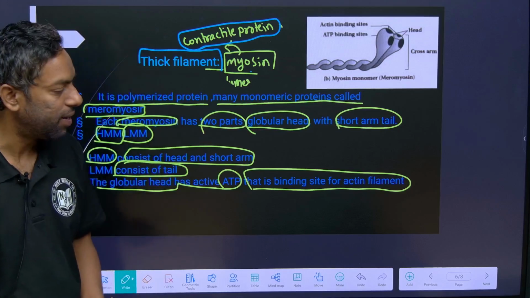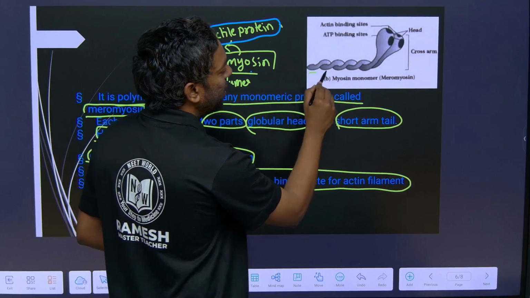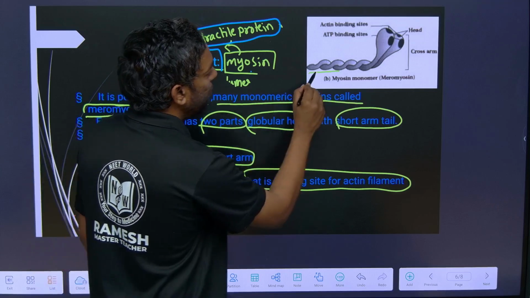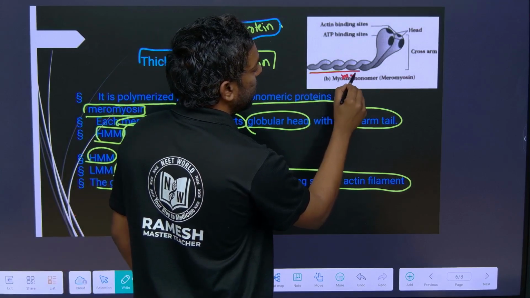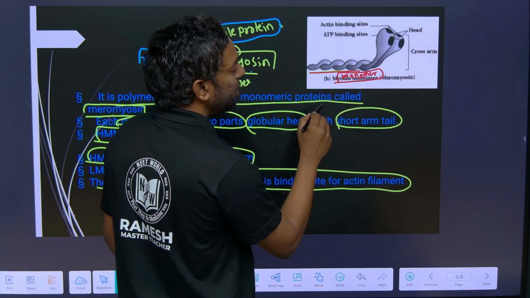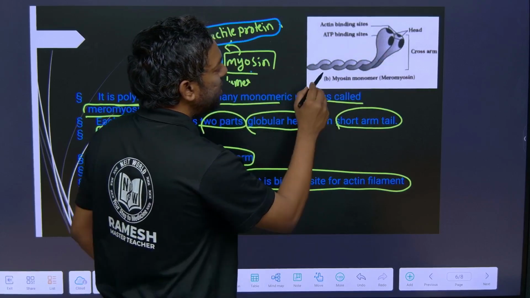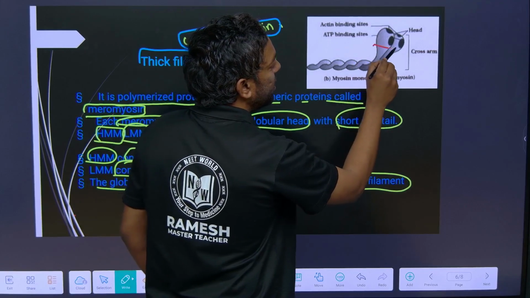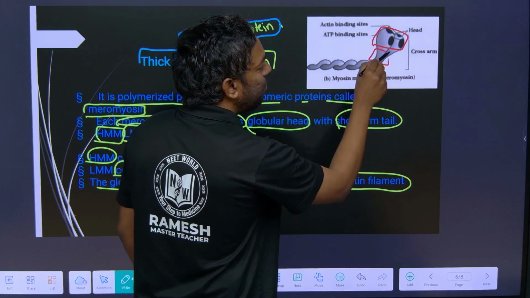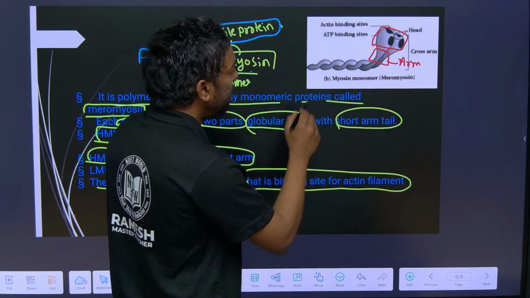We will discuss that later. Look into this picture. This is the monomer of myosin, which we call meromyosin. This is the head part, this is the short arm, and this is the tail part.